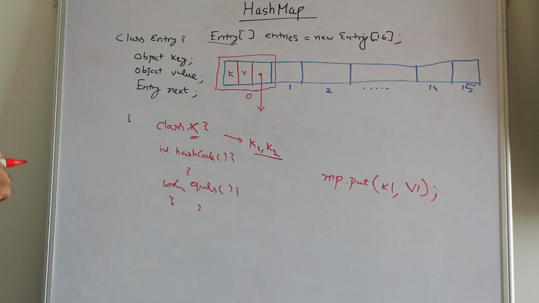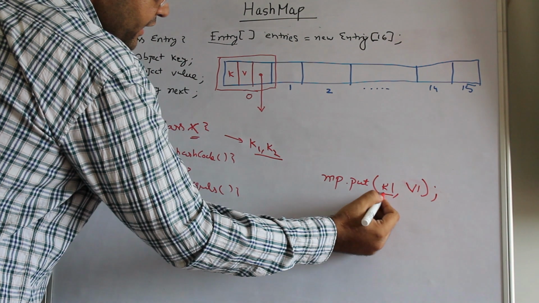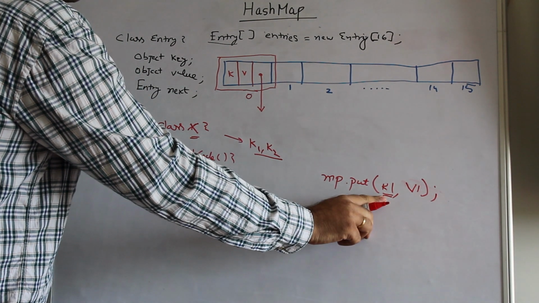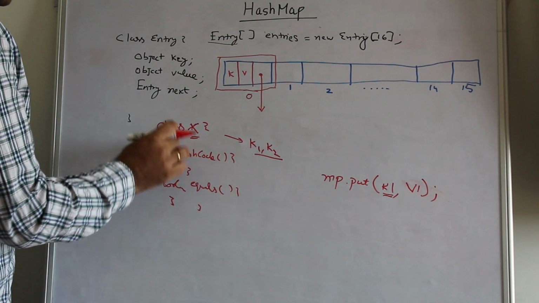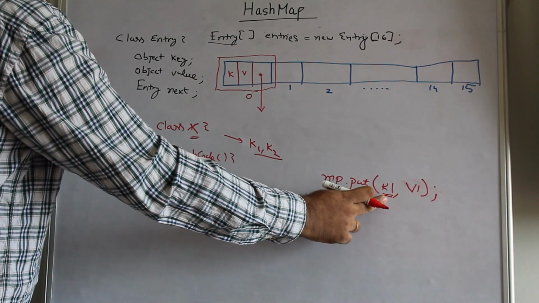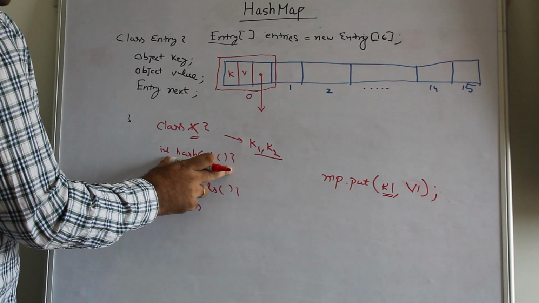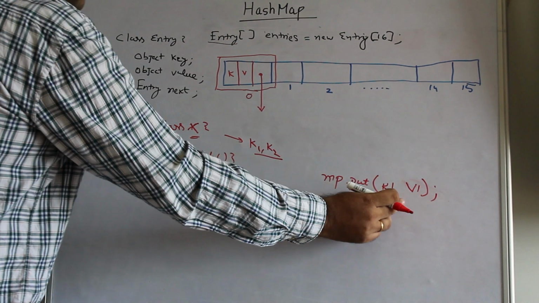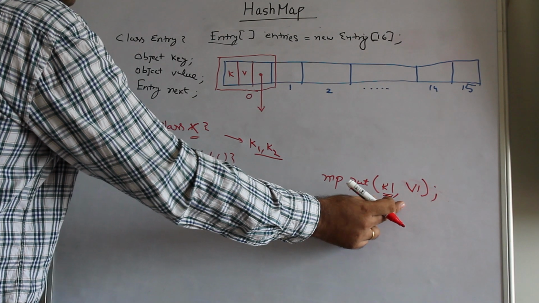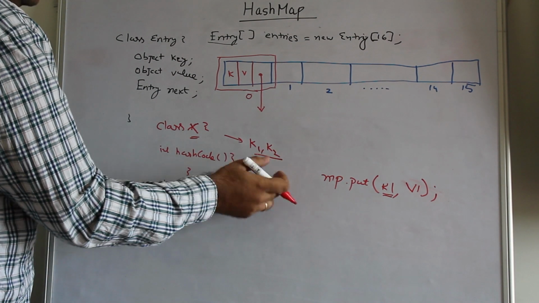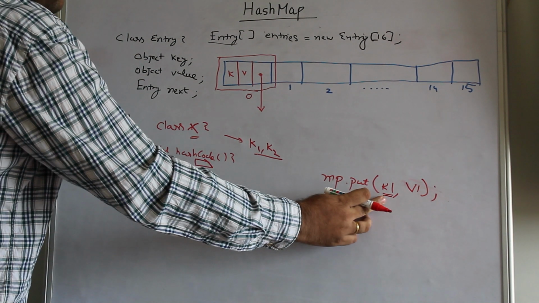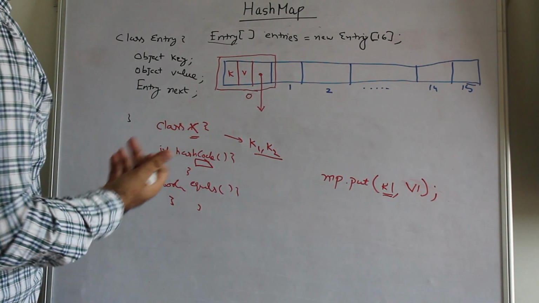First of all, what happens when the put method is called? First of all, the hashCode method on this k1 object will be called. This will call the hashCode of this class X. Based upon that, it will return some integer value for this key k1. Because they are two different objects, they could return two different values based upon the calculation here. So for k1, it is returning some hash code value.